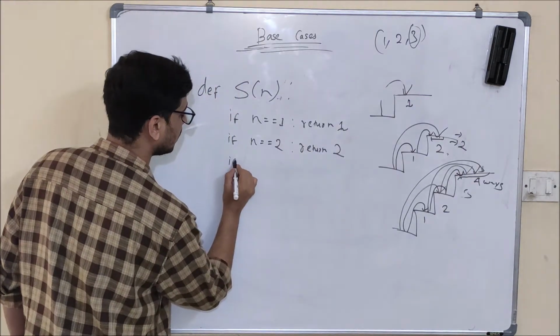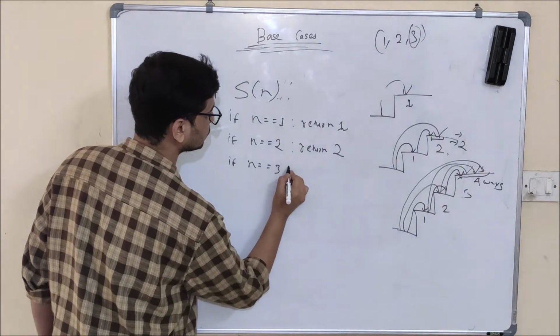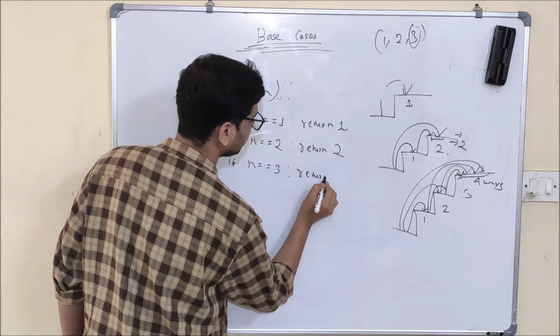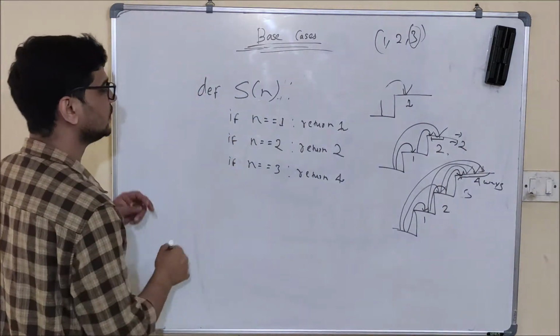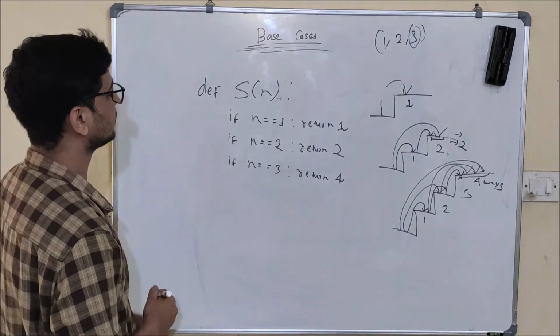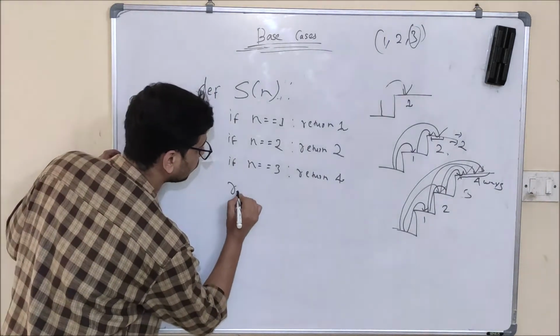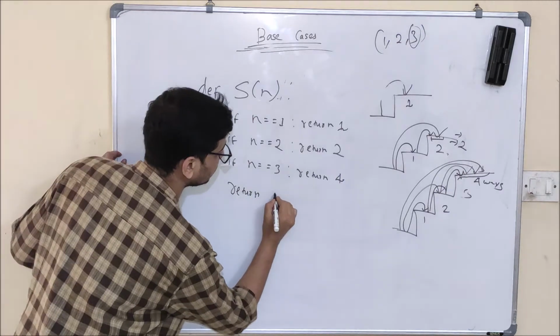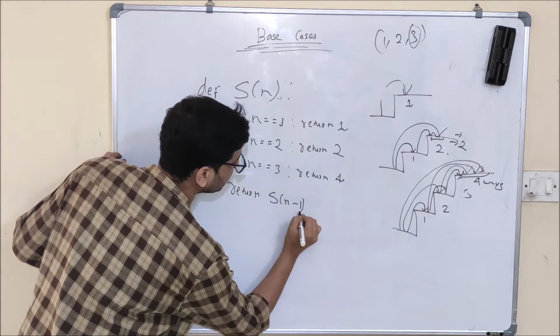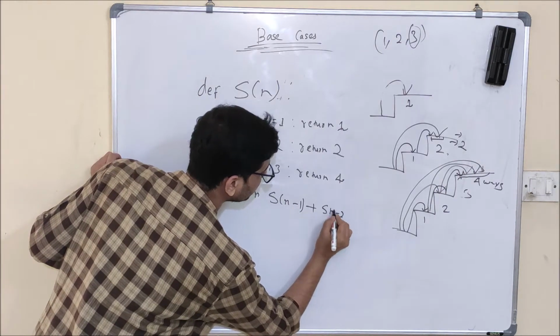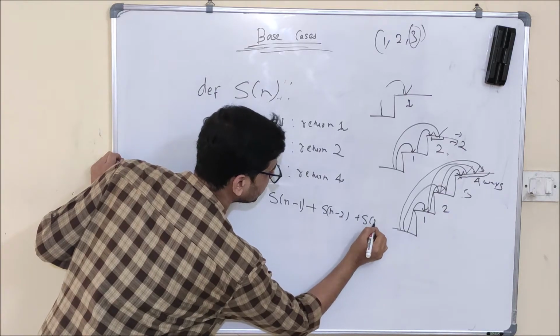If n is equal to 3, we will return 4. If this is not the case, that is n is greater than 3, then we will have to find out the answer. That is, return S of n minus 1, plus S of n minus 2, plus S of n minus 3.